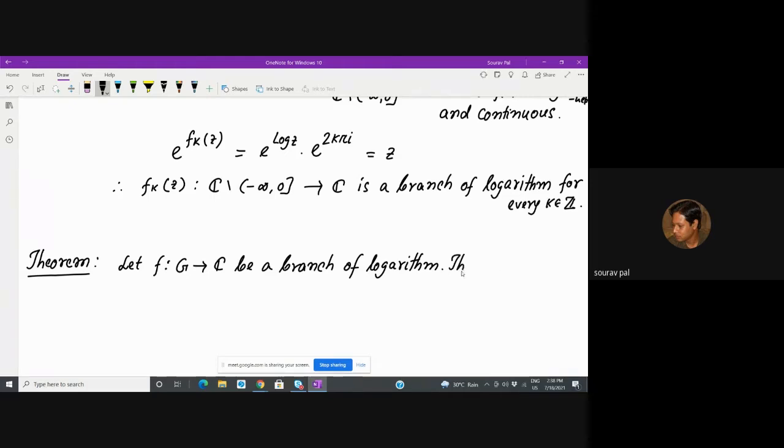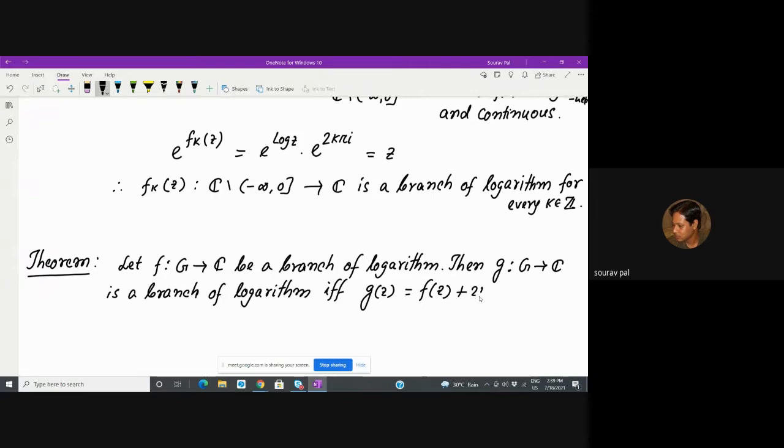Then another function g from G to C is a branch of logarithm if and only if this g(z) is equal to f(z) plus 2k pi i for some integer k.